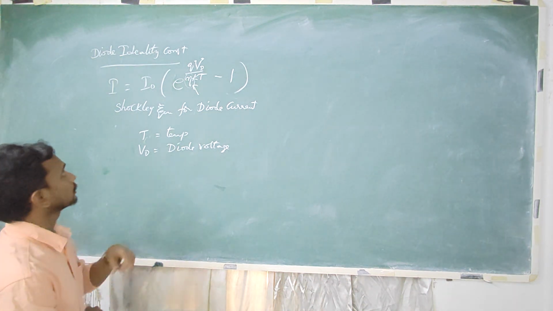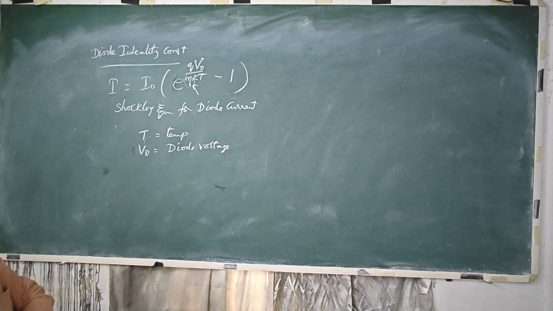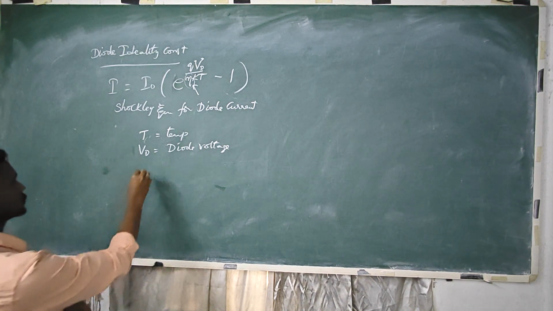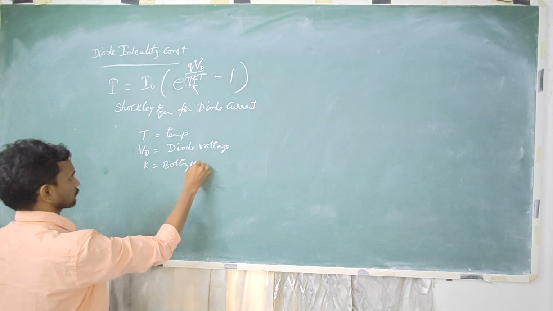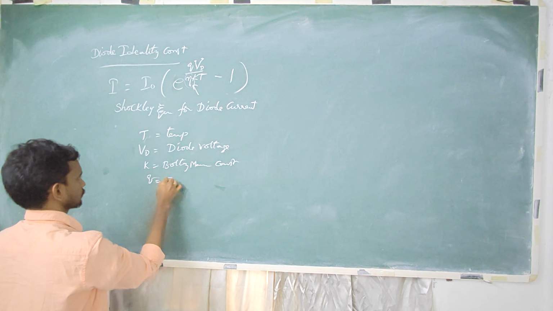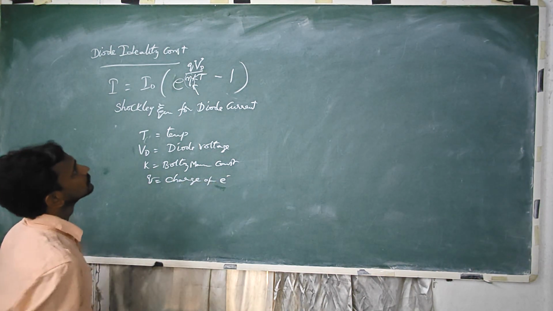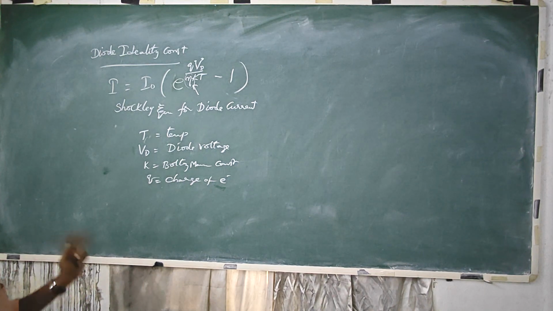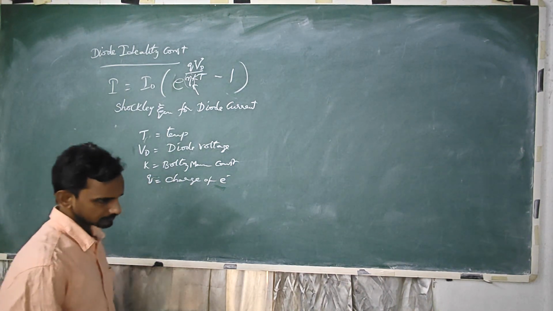Okay, so Vd is the diode voltage, T is the temperature, k is Boltzmann constant, q is charge of electron. I naught is a material constant, I is the current.